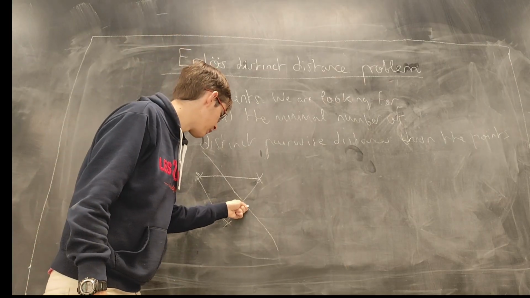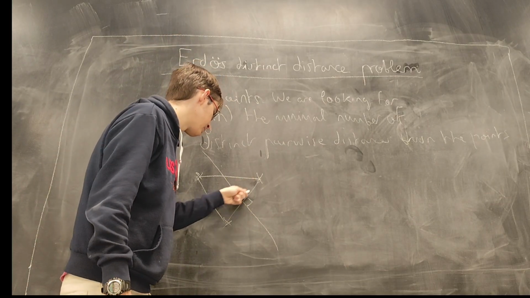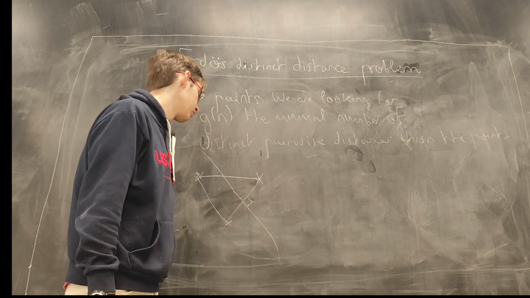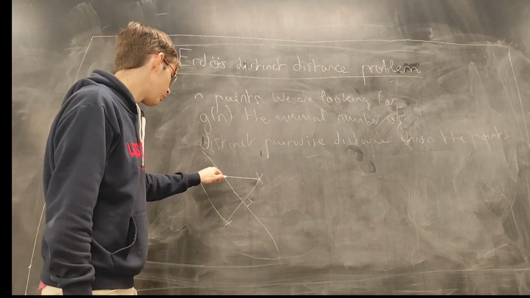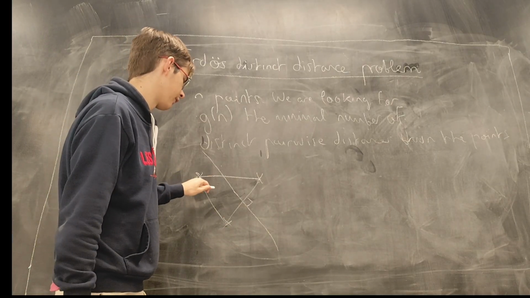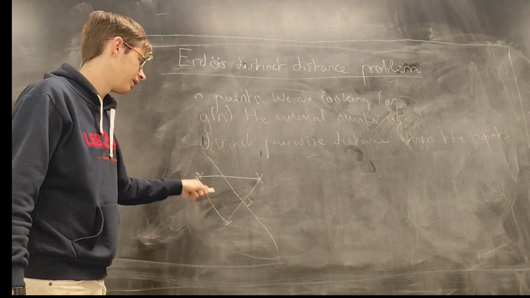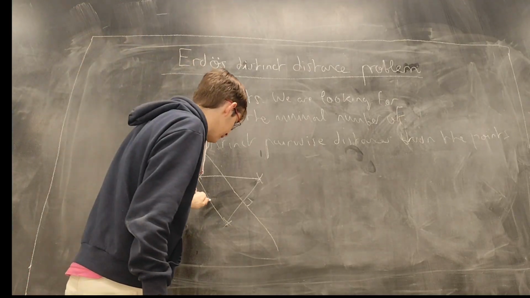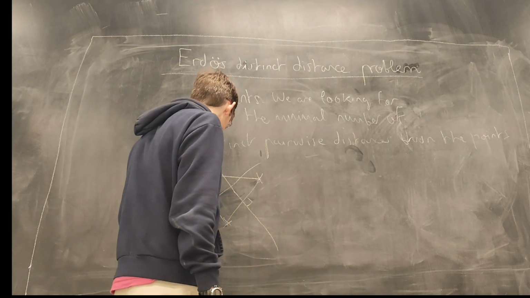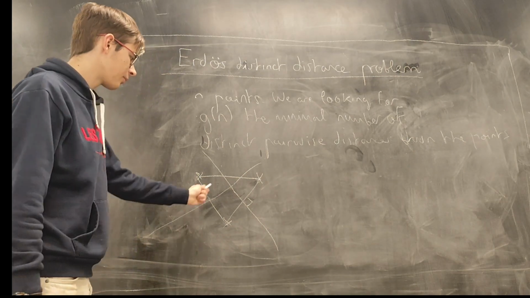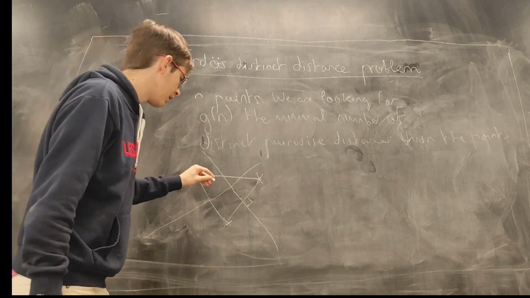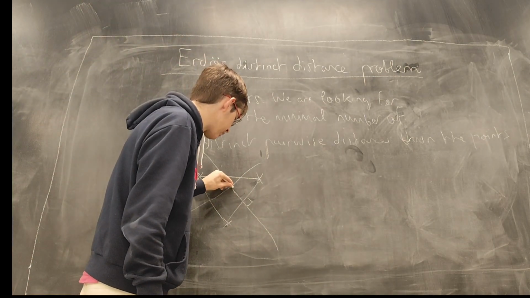The line that's perpendicular to this segment, and it passes through the middle of it. Now we can say the same thing about, for instance, these 2 points. The 4th point must be equidistant to these 2 points, so it must lie on this line. Okay, so since it must lie on both of these lines, the 4th point actually has to be here.